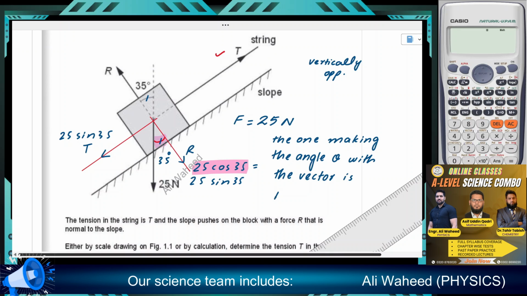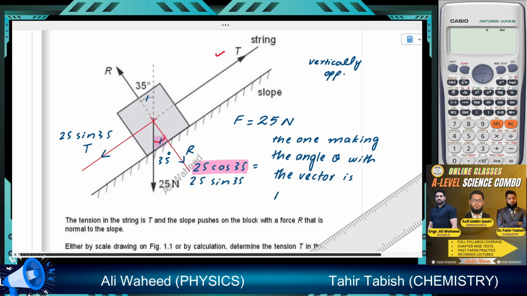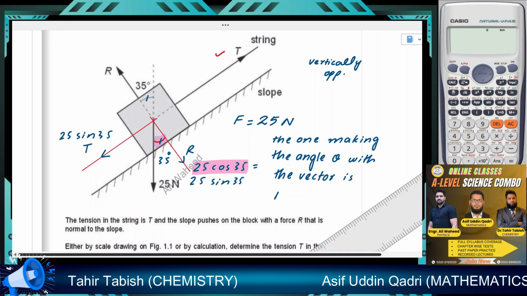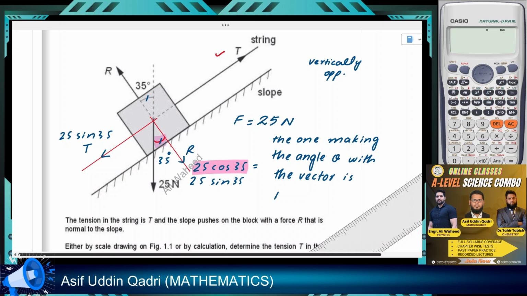That's the rule of thumb. So can we say, if we need to find the magnitude of tension, do we need to find 25 sine 35 or 25 cos 35? What do we need to find?